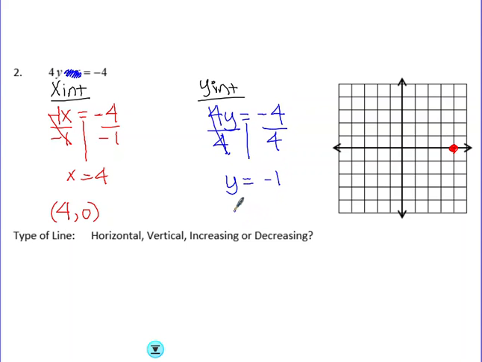So my y-intercept is (0, negative 1), which is this point here. Then I just connect the points. Now, is this line horizontal, vertical, increasing, or decreasing? If we start on the left and follow the line, we are going up, so the line is increasing.